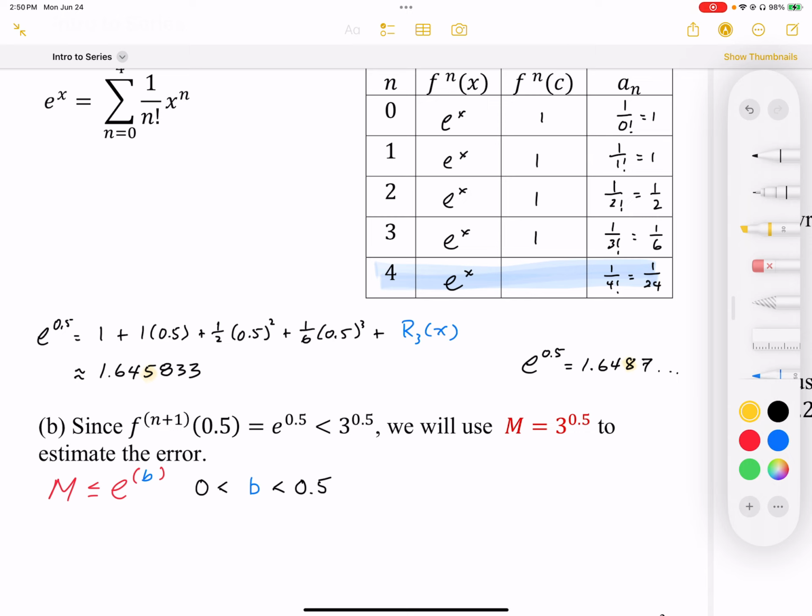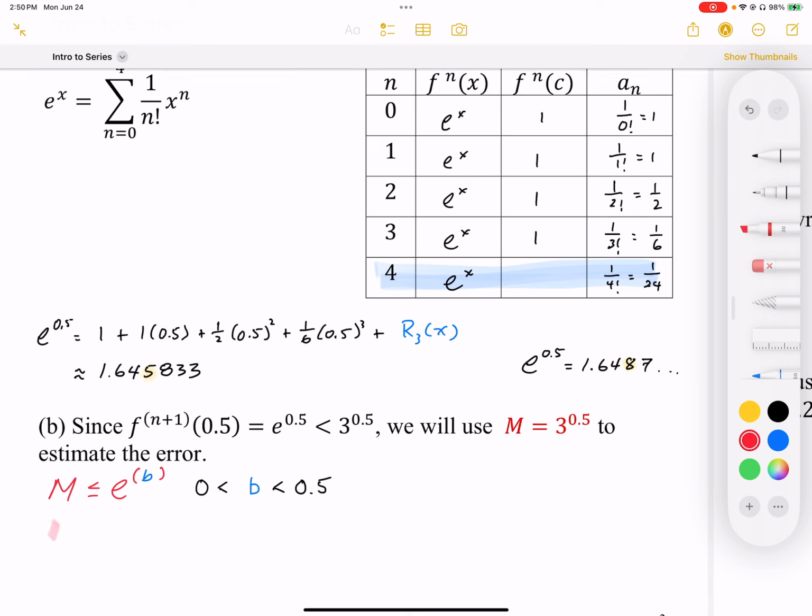Since e is a transcendental number and irrational, we can't actually get the exact value of e. We're just going to use 3, and that's going to give us an even greater error bound, so we can be even more confident in our error estimation.